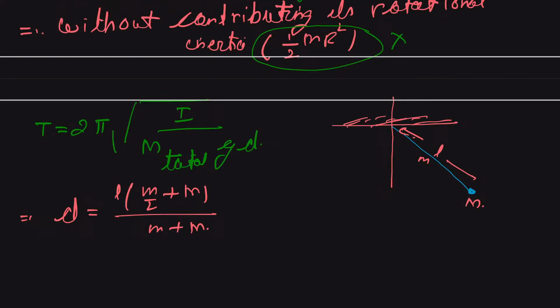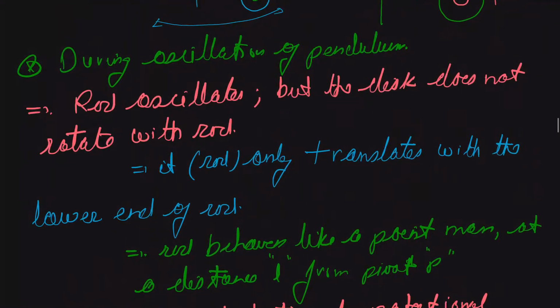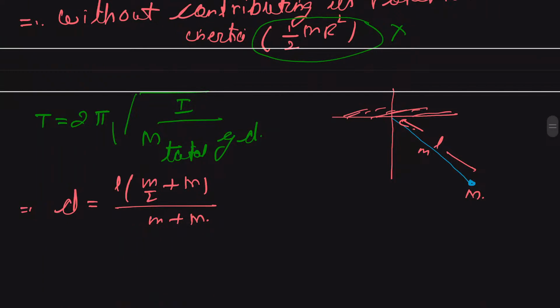Let me repeat one thing more, that previously, in the first case, we considered that this is our disk, and then we calculated its moment of inertia with respect to the center, and then we used the parallel axis theorem.